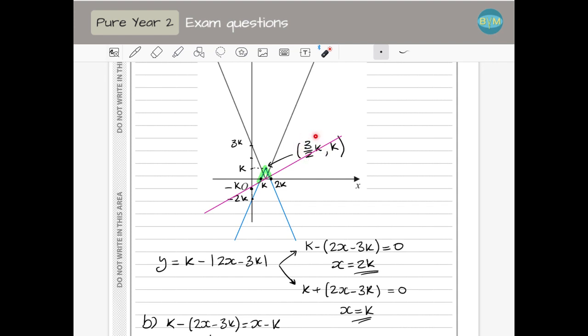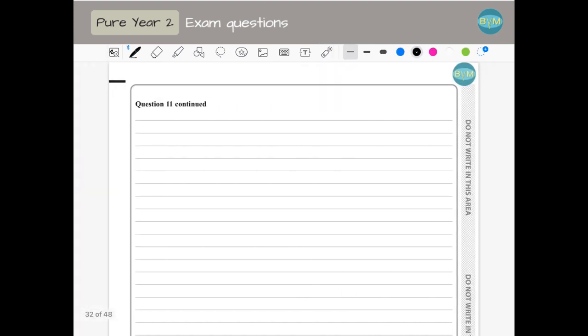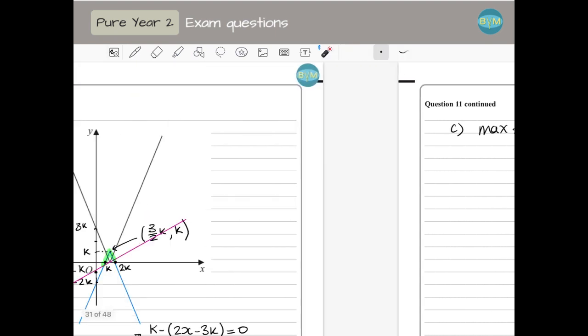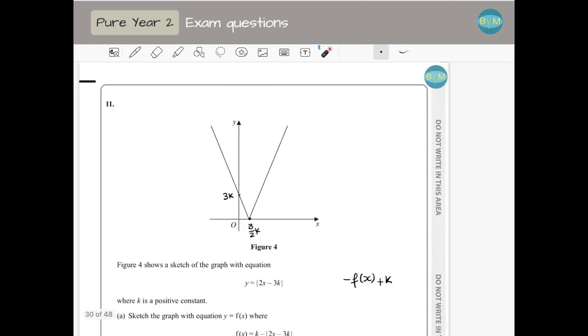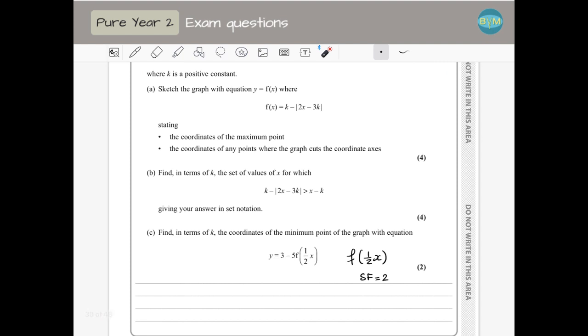So in this case, the maximum is going to be multiplied by 2. So my coordinate is going to be 3k. So the maximum for C is going to be 3k. And then the y coordinate, that was k, this is my y coordinate really, it's going to be multiplied by -5, so it's going to be -5k, and I'm going to have a 3 at the front, so it's going to be 3 minus 5k.